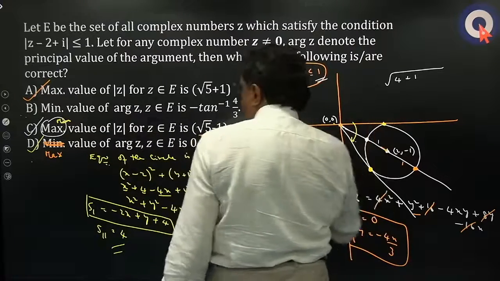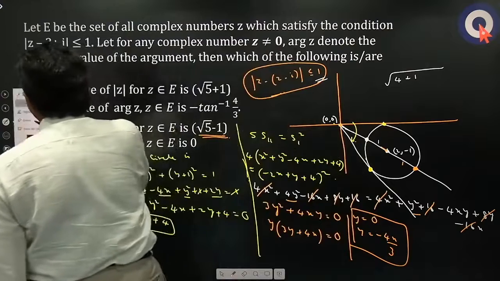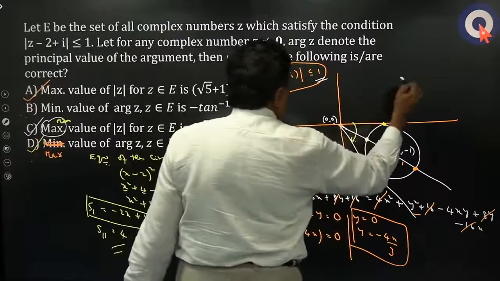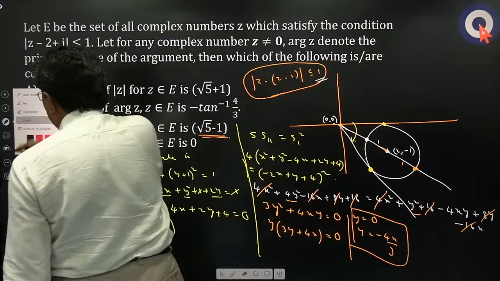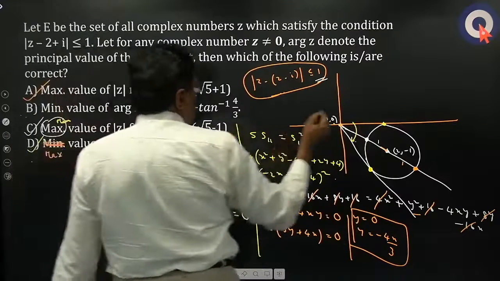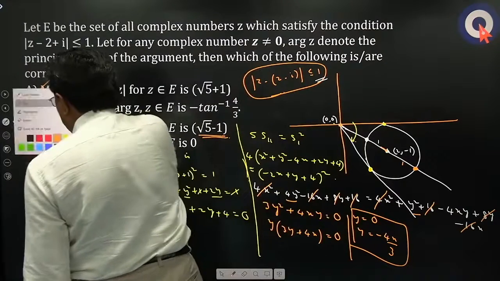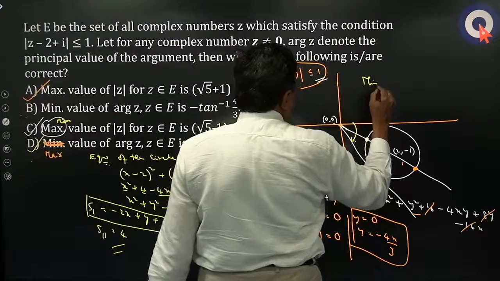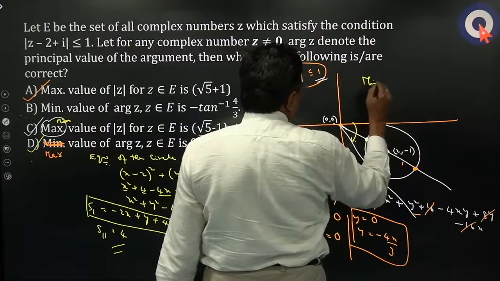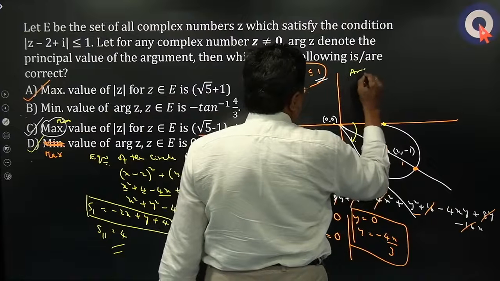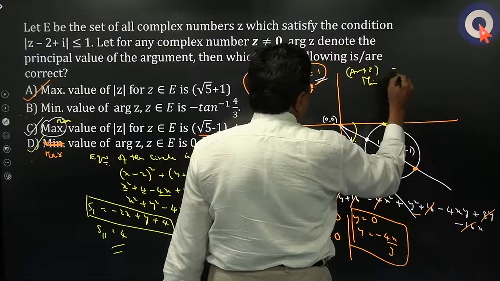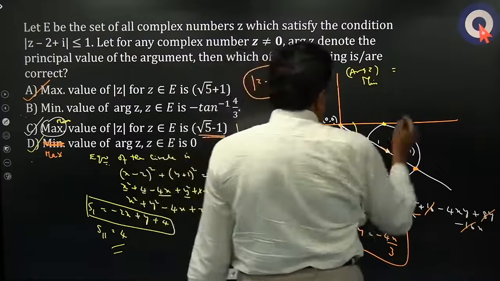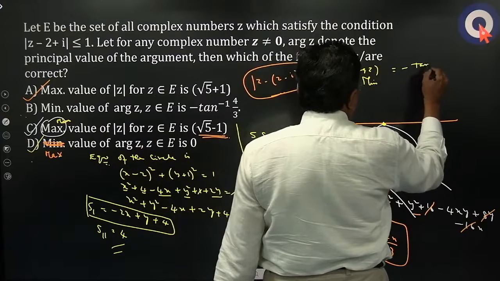So the minimum value of arg Z will be minus tan inverse 4 by 3, right?